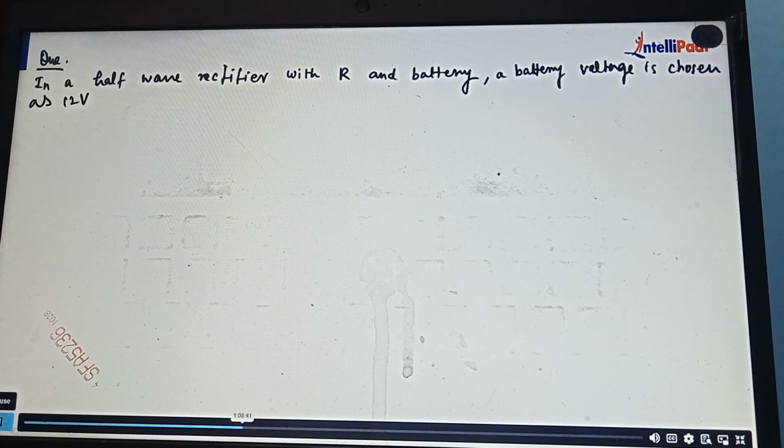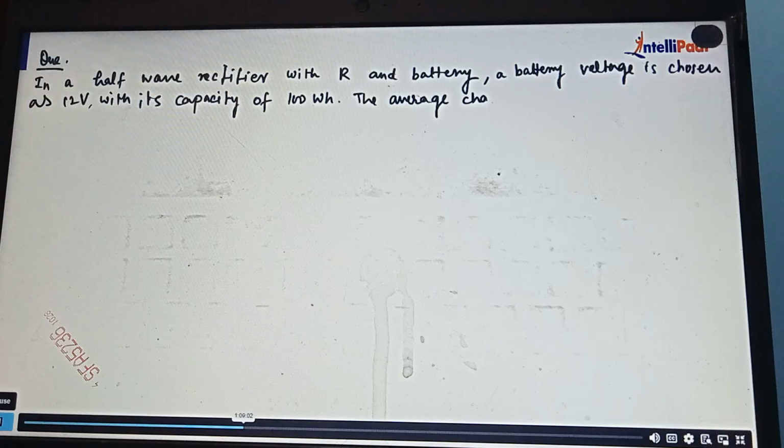Now, with its capacity of 100 watt hour, the average charging current, can you name this current here?